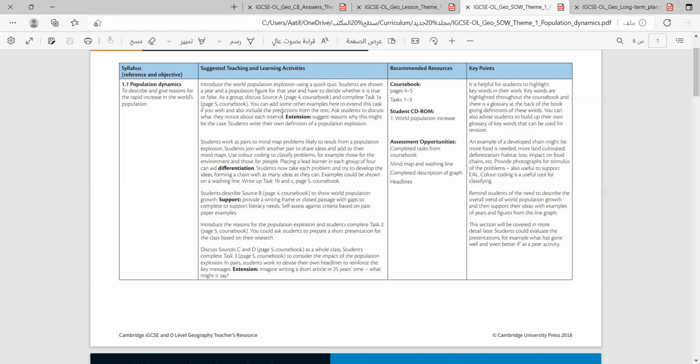You can name any issue you want and give us solutions. This is like an activity. Maybe the risks for the environment. We could also take each problem and try to develop the ideas, forming a chain of as many ideas as we can gather for the same issue.